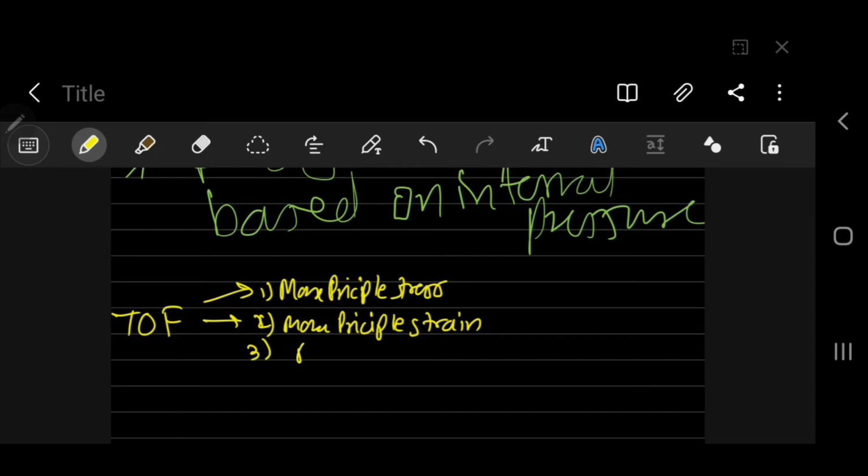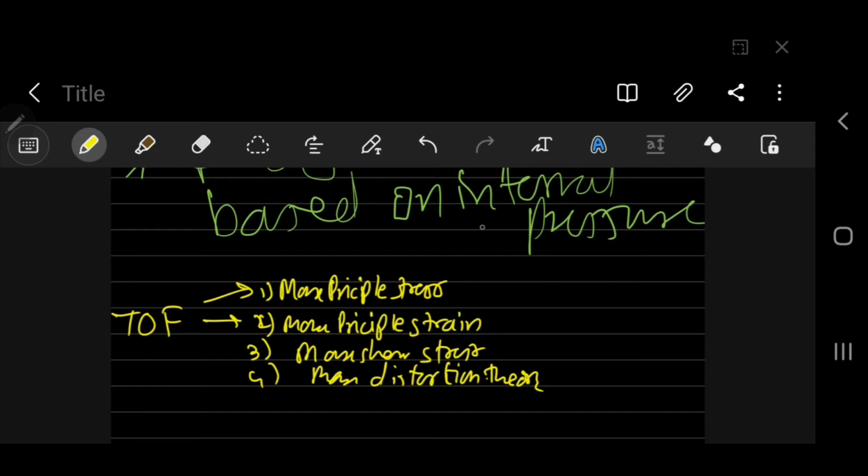The third one is the maximum shear stress theory, and the fourth one is the maximum distortion energy theory.